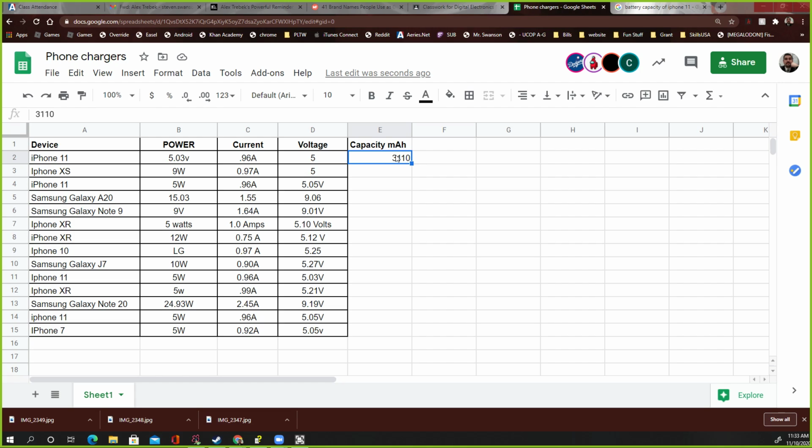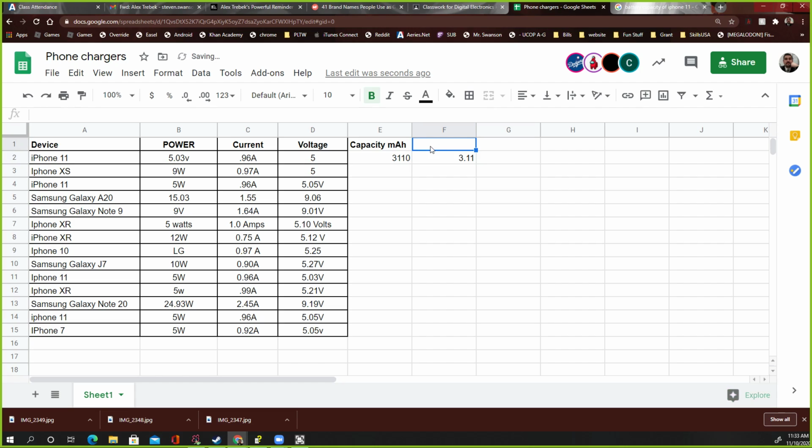That's what that means. Milliamps is a thousandth, so that's the same as saying 3.110 amp hours. I'm just moving the decimal place over 3 times. So we can draw a little over 3 amps for a whole hour before this dies.